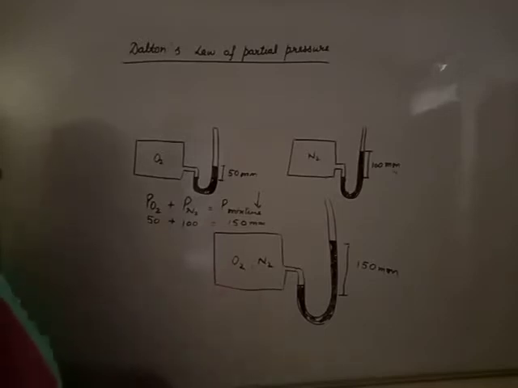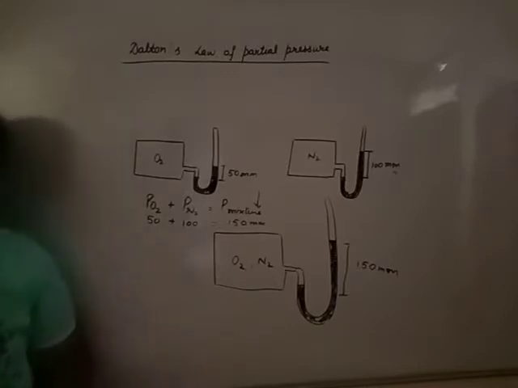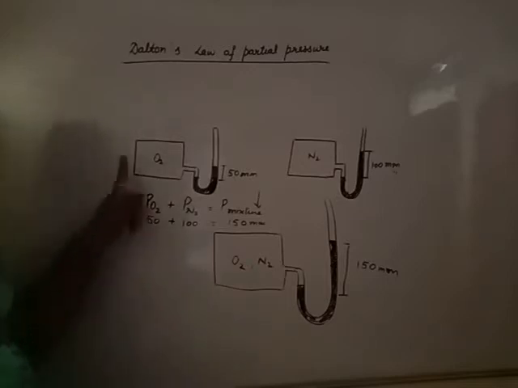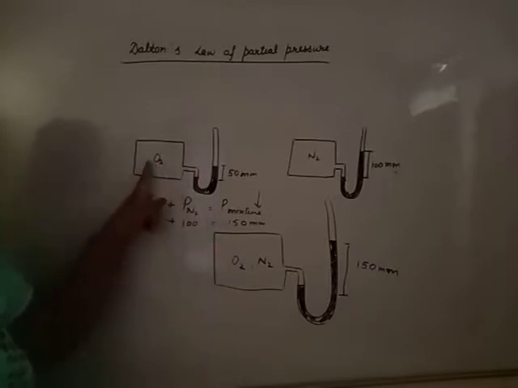It means Dalton's law of partial pressure states that the total pressure exerted by a gaseous mixture of chemically non-reactive gases is equal to the sum of the partial pressures of each gas that would be exerted in the same container in the pure state.